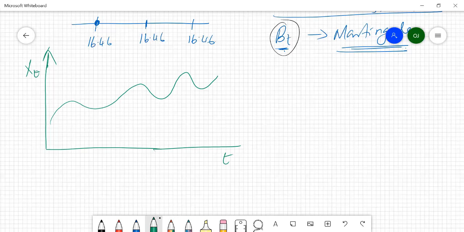I'm still exploring some of the properties of Brownian motion, which is going to be very, very important for you when you are doing modeling using Brownian motion.